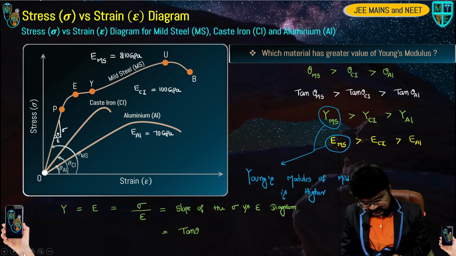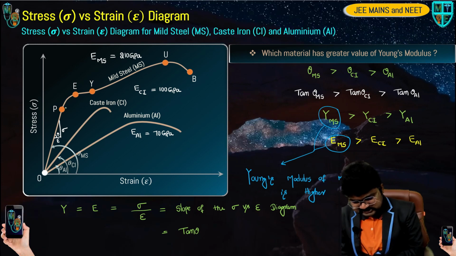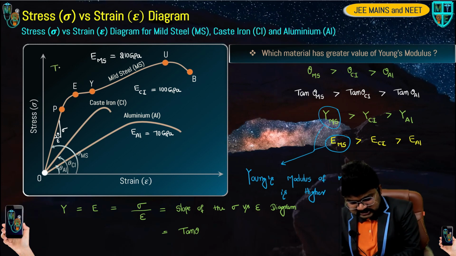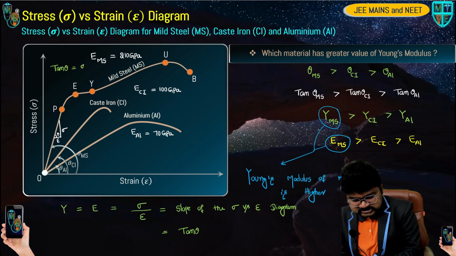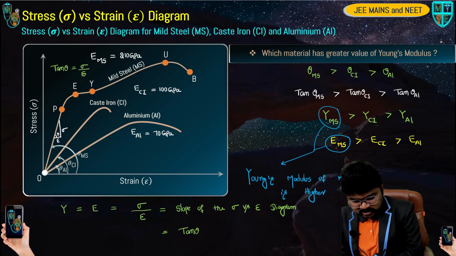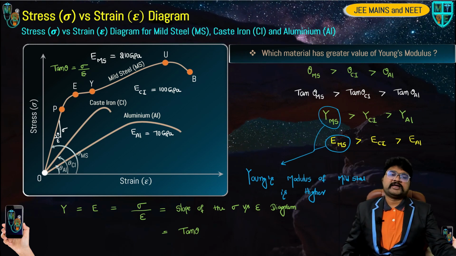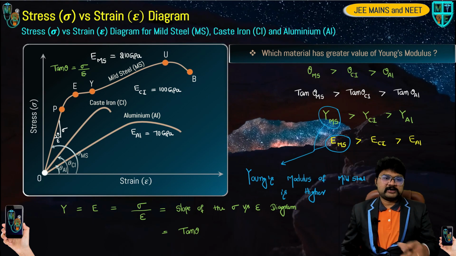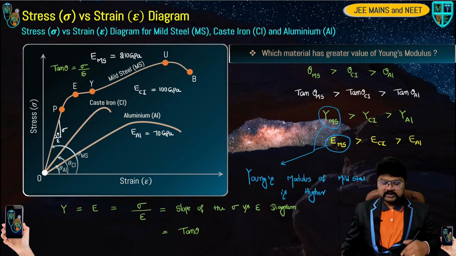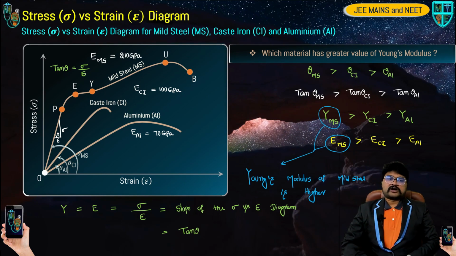Here I can say tan theta equals sigma by epsilon, longitudinal stress by longitudinal strain. Understood? It's very simple. You can easily calculate Young's modulus when the curve is given.